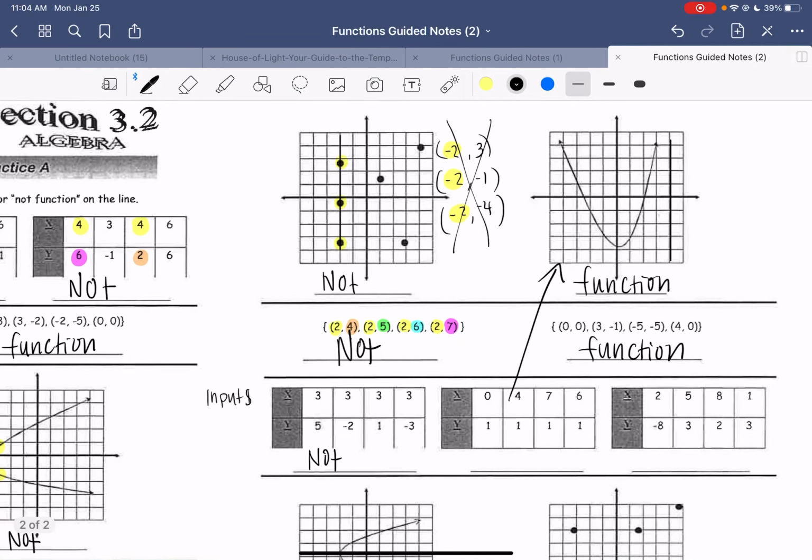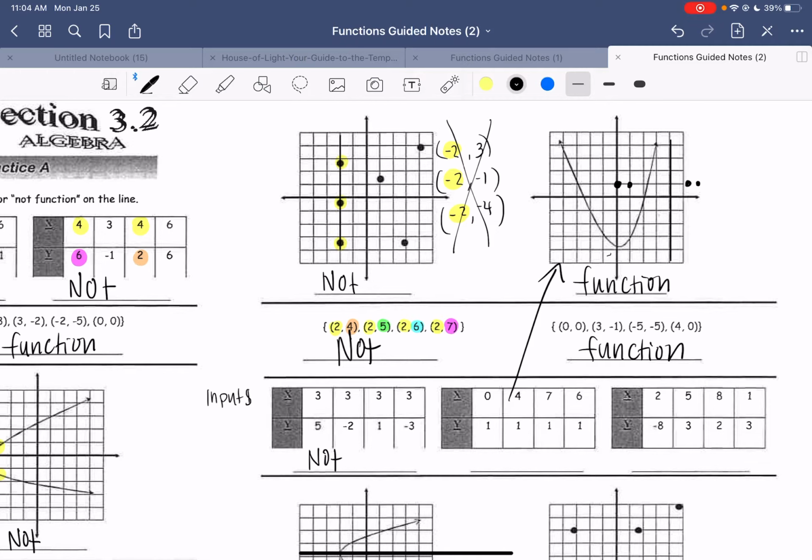So I have 0, 4, 1, 4, 7, 7. Oh, I'm not doing that right. Sorry. 0, 1, 4, 1, 7, 1, and 6, 1.